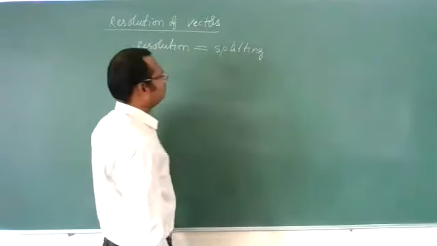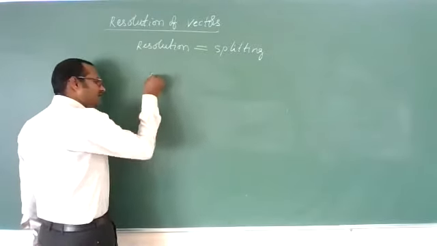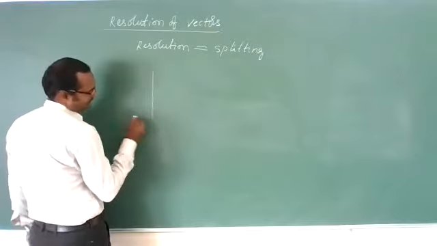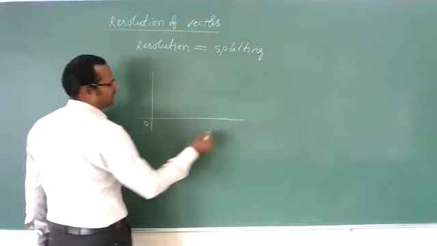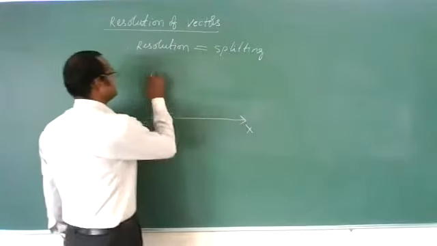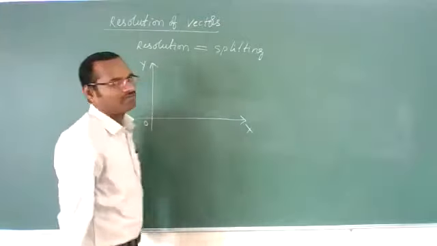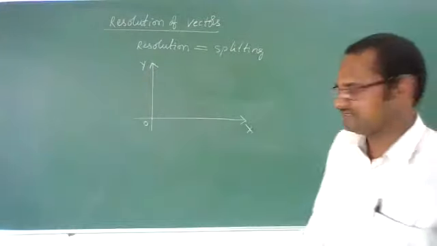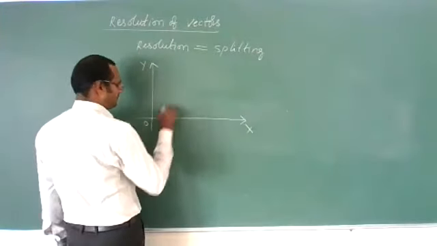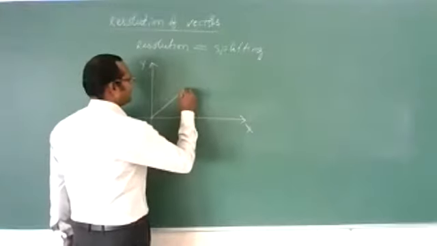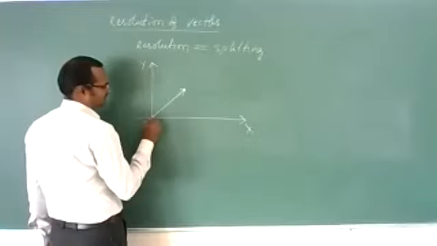For example, see, I am having one Cartesian coordinate plane, and this is the origin. This is the x-axis, and this is the y-axis. Now, let us suppose I am having one vector from the origin in a two-dimensional plane, like this.